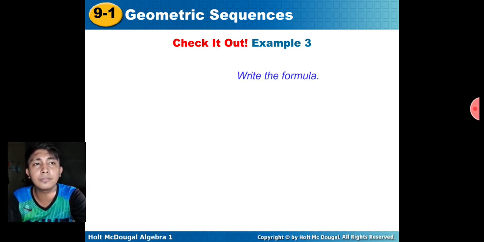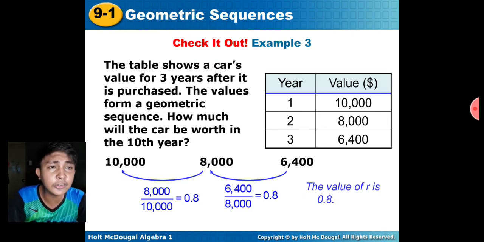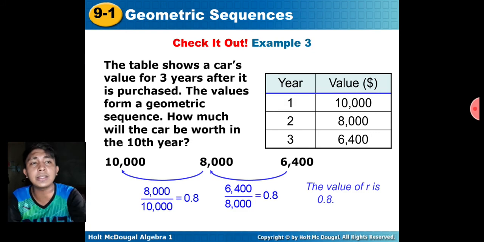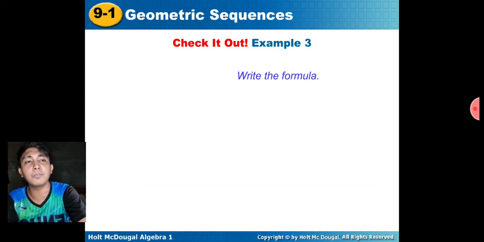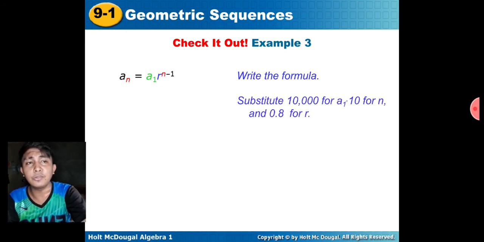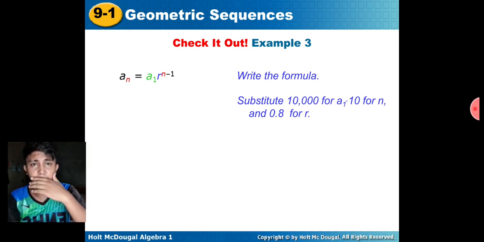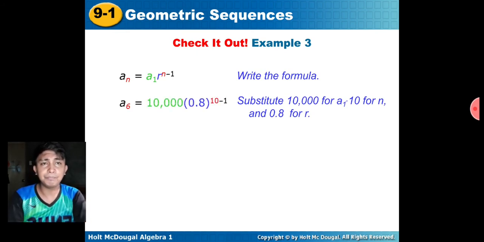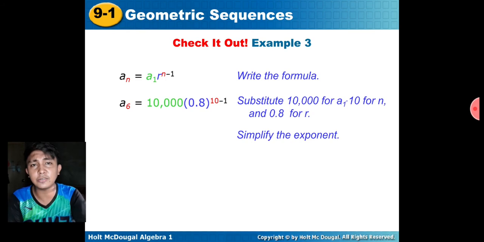By using the formula, the first term is 10,000. n is 10 kasi 10th year ang gusto nating hanapin. And r is 0.8. Again, using the formula, a sub n is equal to a sub 1 times r raised to n minus 1. We substitute yung mga given data kanina. So a sub 10 is equal to 10,000 times 0.8 raised to 10 minus 1. First, we simplify the exponent.